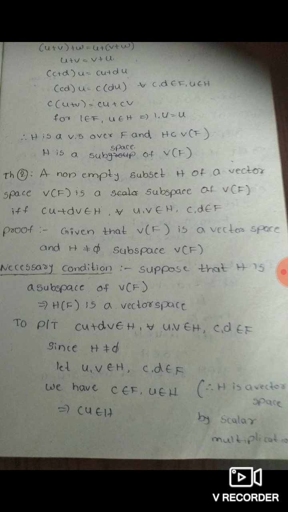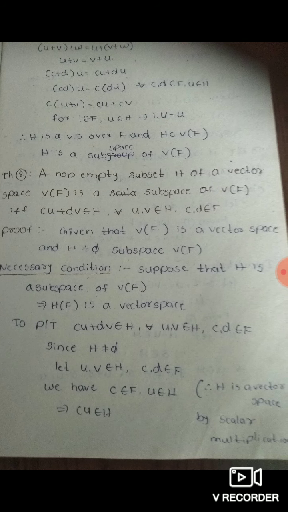Since H is a vector space, by scalar multiplication property, we write C belongs to F, U belongs to H, that implies Cu belongs to H.